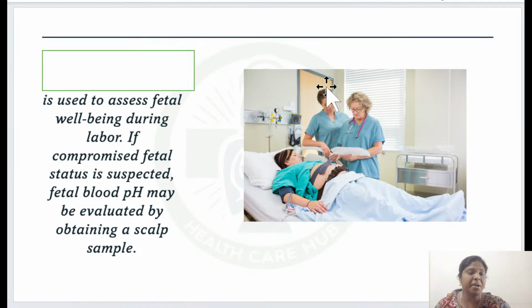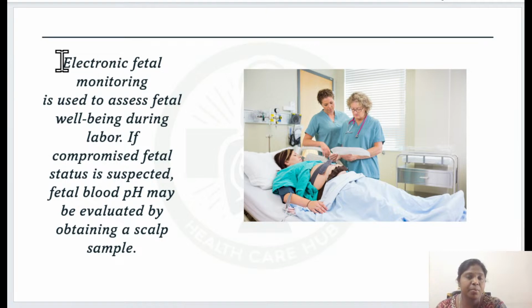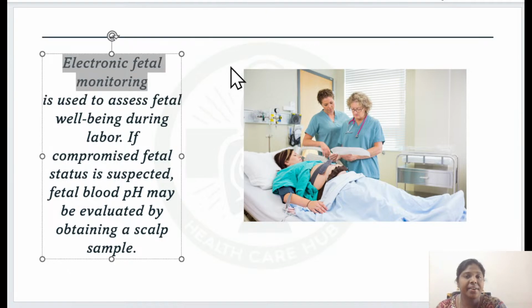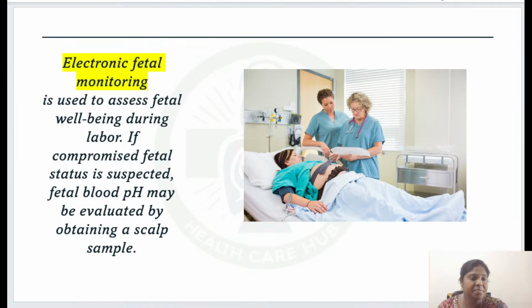What is that particular instrument name? This is used to assess the fetal well-being during labor, so we call it electronic fetal monitoring. This particular procedure is called electronic fetal monitoring.